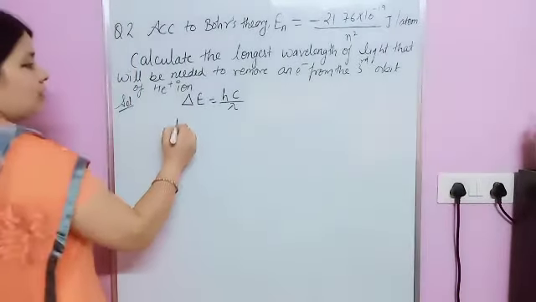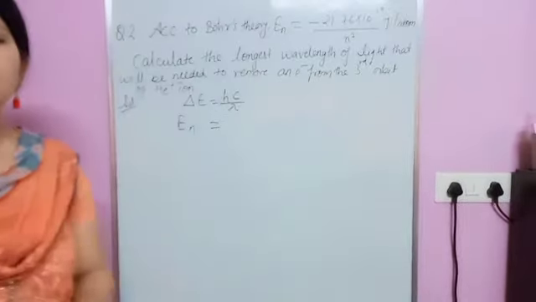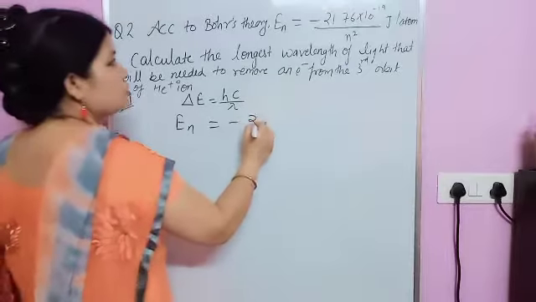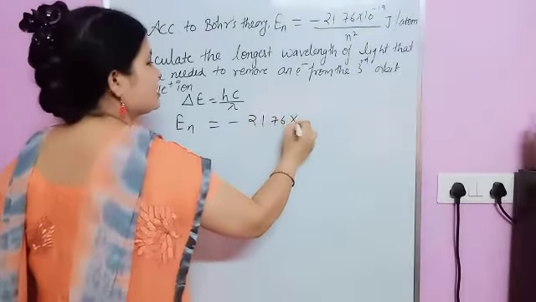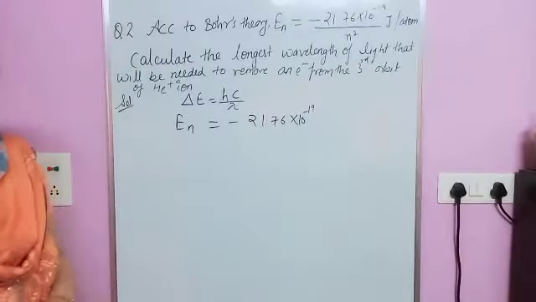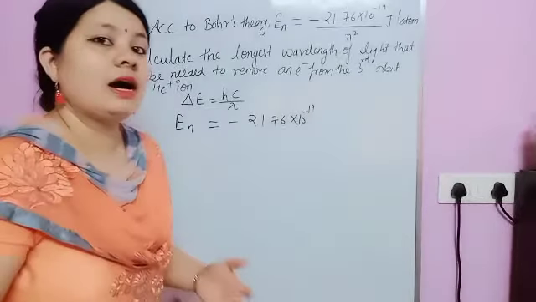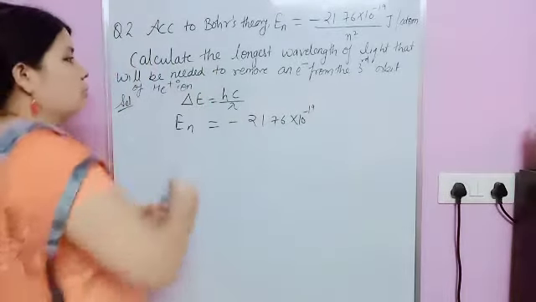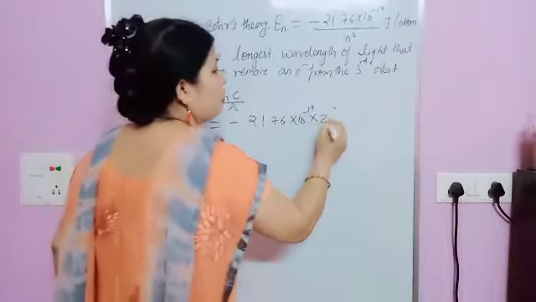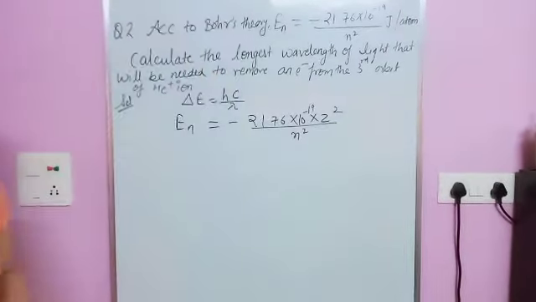For calculating this, the formula is En equal to minus 21.76 into 10 raised to power minus 19. Now remember one thing, in this one we are talking about He positive ion, not atom. We are talking about an ion, so it means you have to write the formula like this: Z square upon n square.